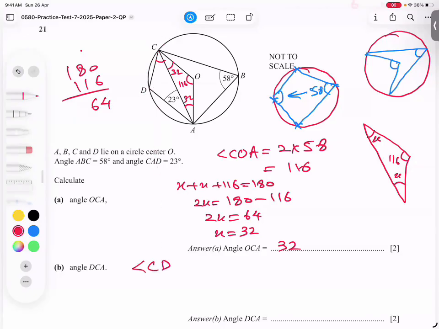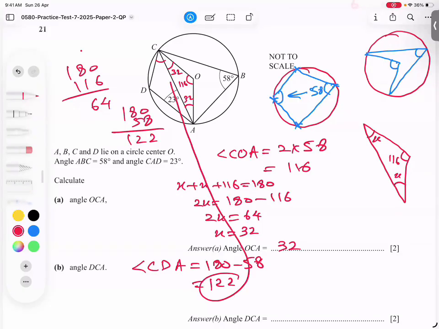Angle CDA is equal to 180 minus 58. Out of 10, 8 gone, 2, and out of 7, we got 2. So I got 122. Let me check again. So this is clear, 122. So why did we get 122? These are basically the ideas we have here.